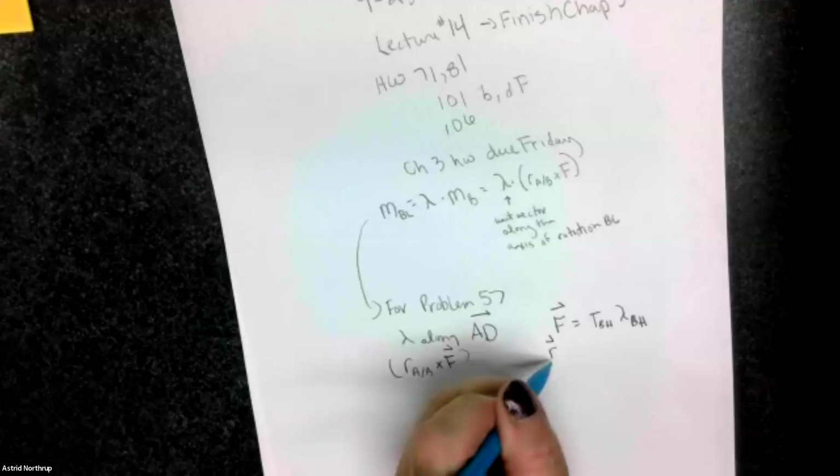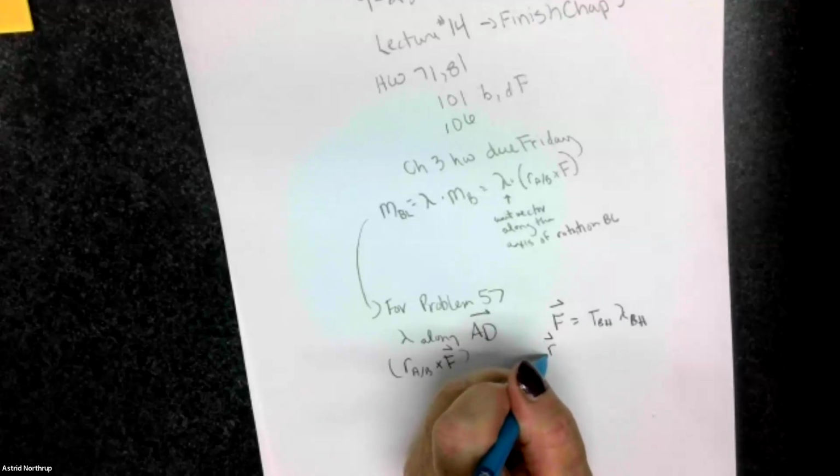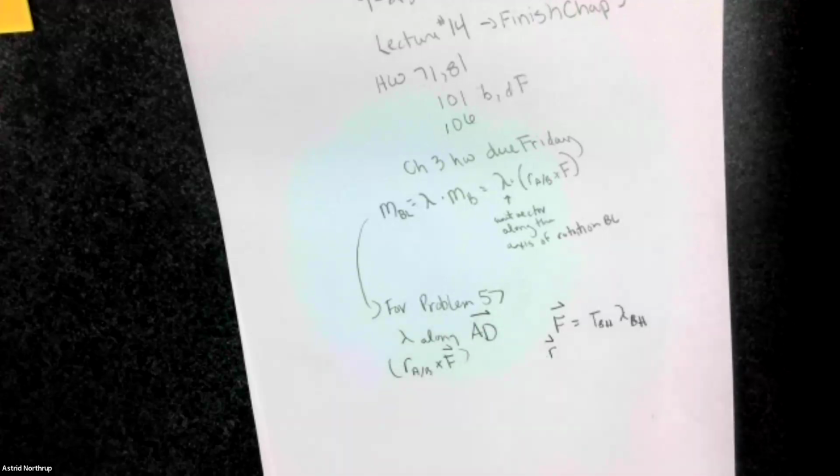Let's see, did I ever get that? So here's my force, and here's my cable. There's a bunch of different choices you could use for the moment arm. But if I take it about B, my moment arm is from any point on the line of action, BH.